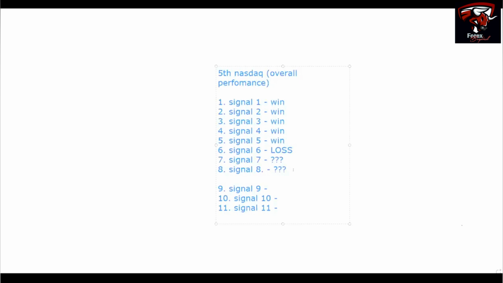People lost on signal number 1 and signal number 2 in the Nasdaq 50 wave. And when you lose, you sit down and you ask yourself, how did 92% of the people who traded the same signal win? How did I lose? That is how you beat the psychological part of trading. You start questioning yourself.